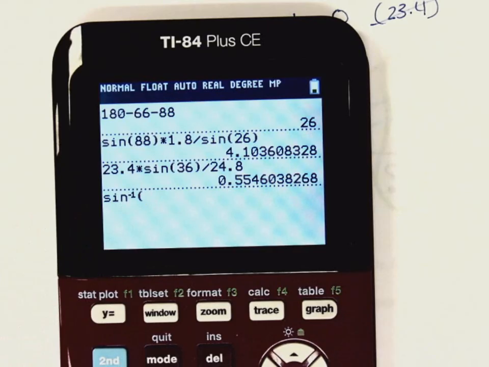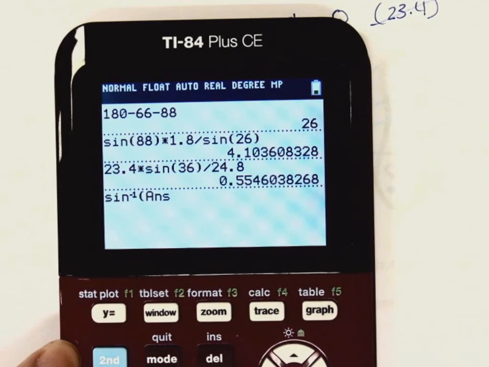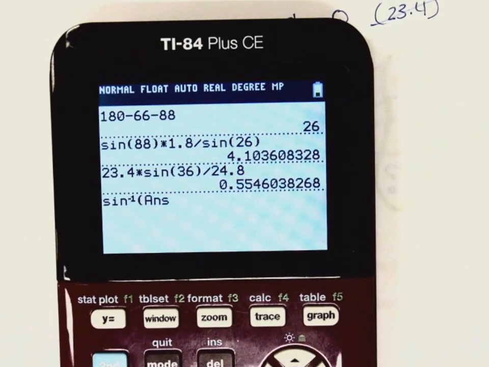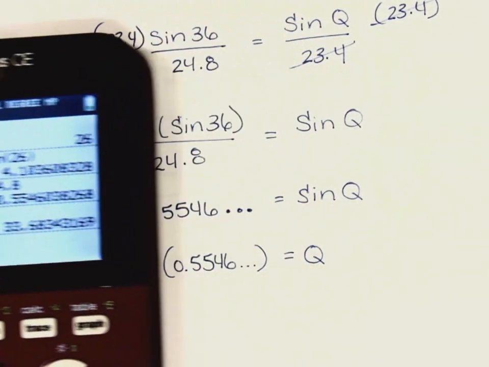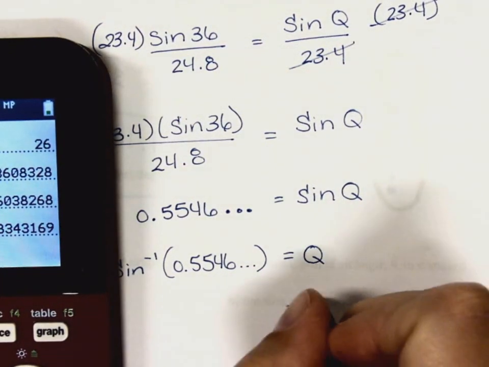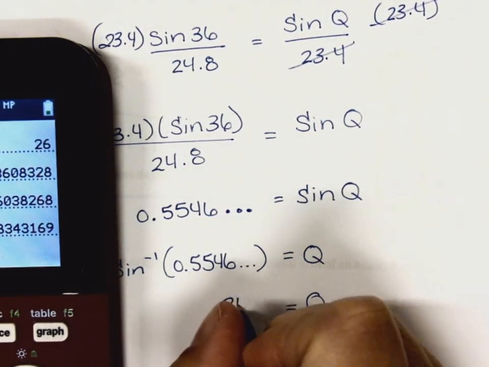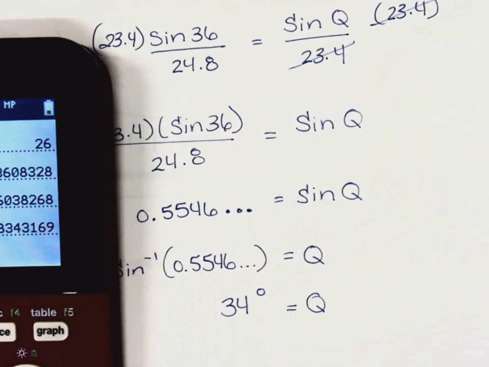And then I can pull the answer from the previous line by going second function, and it's the negative sign on mine, and it pulls the answer. And then let's round to the nearest whole degree. So we will say that Q is 34 degrees. So again, knowing how your calculator works is super important.